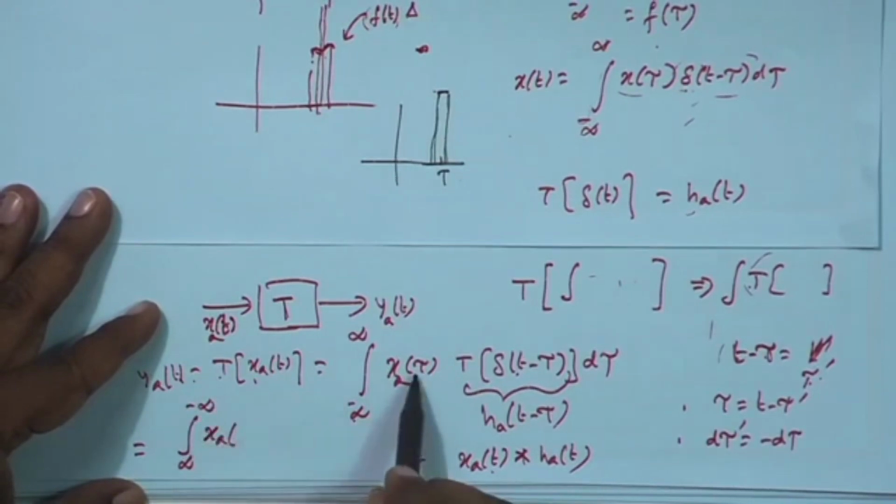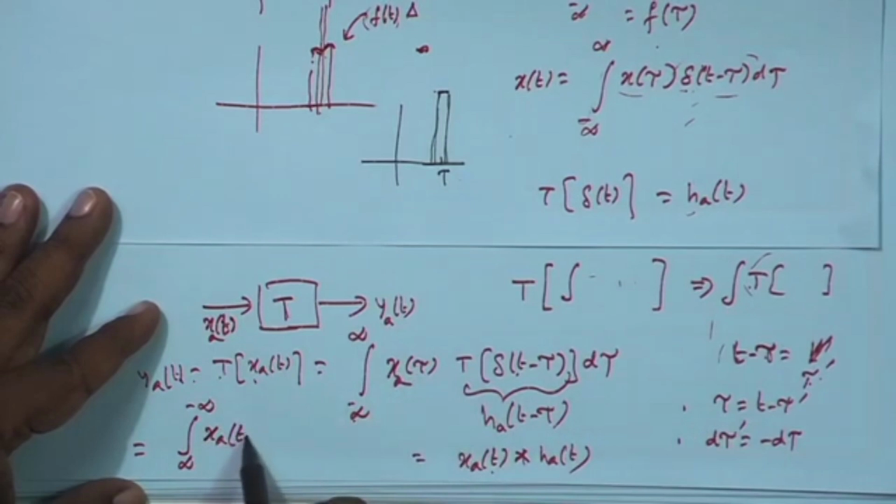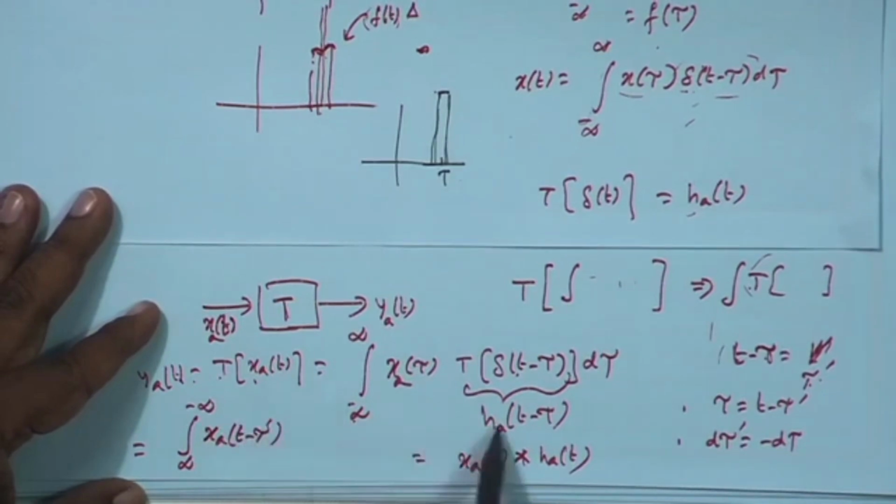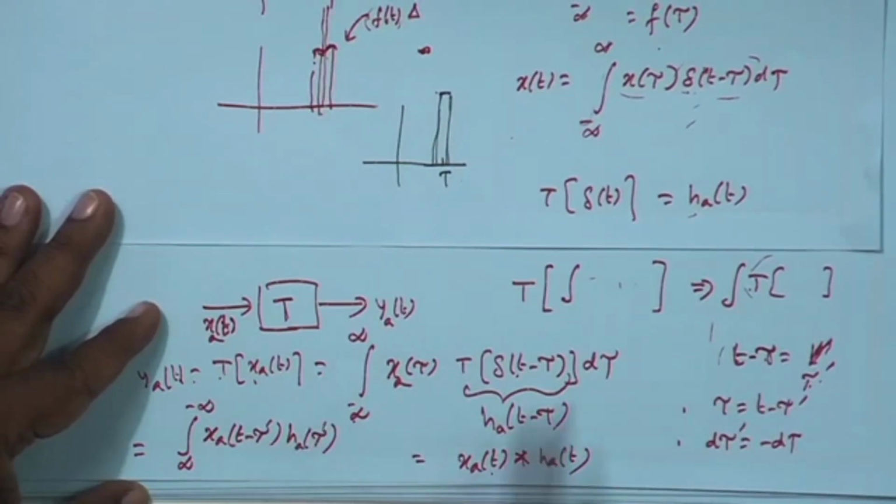x a, instead of tau, it is t minus tau prime, instead of h a, t minus tau is tau prime, and d tau is minus d tau prime. So, minus will go here, d tau prime, and this minus can be absorbed by again reversing the sign of the integral.